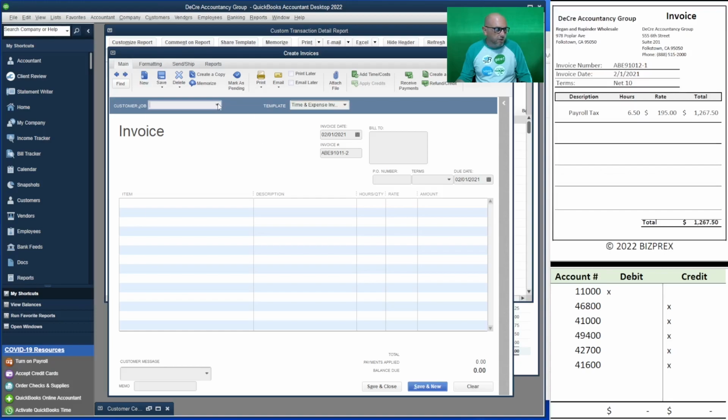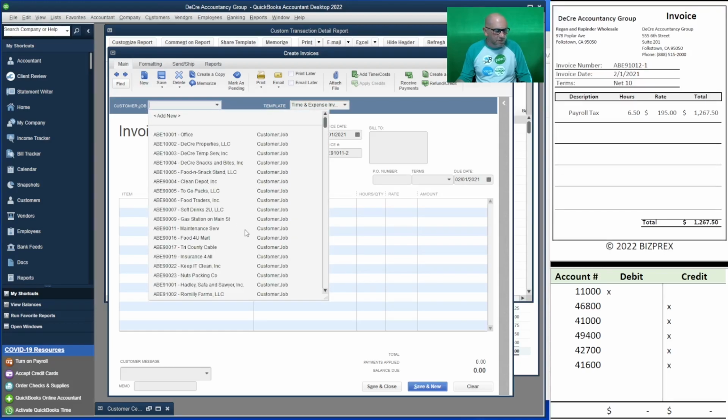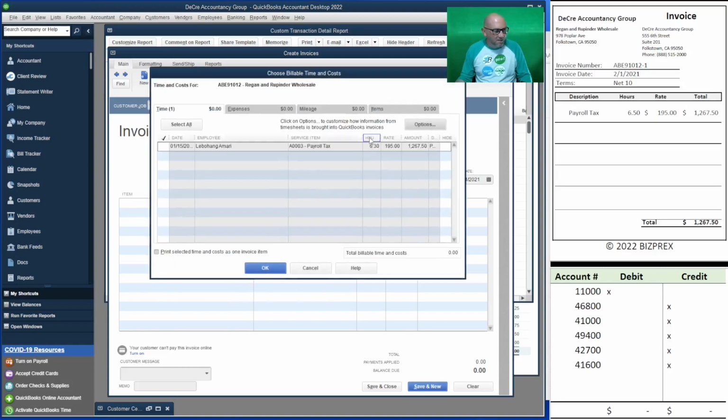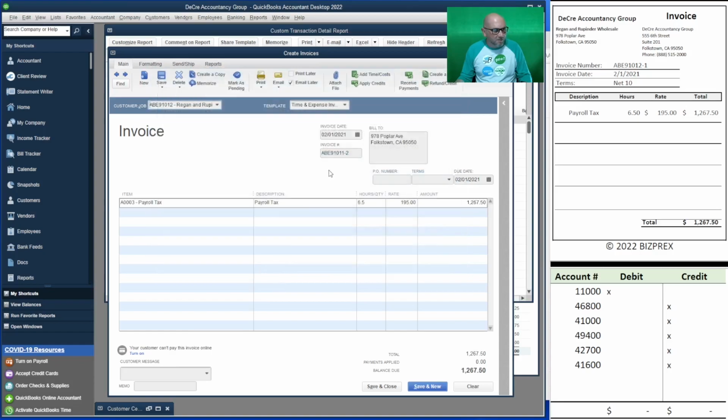Again, another payroll. We probably already spent enough time showing it, so we'll save it. Select all. Here it is, all good here. Ta-da, right, debit, credit.